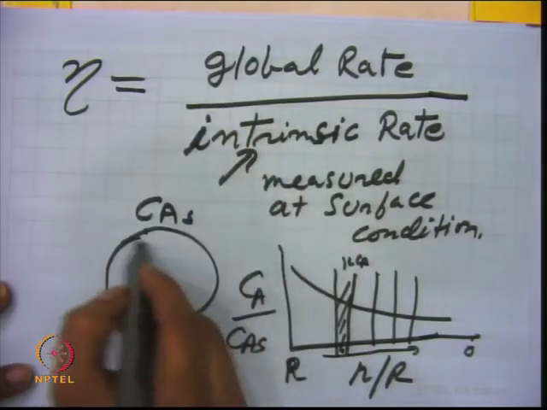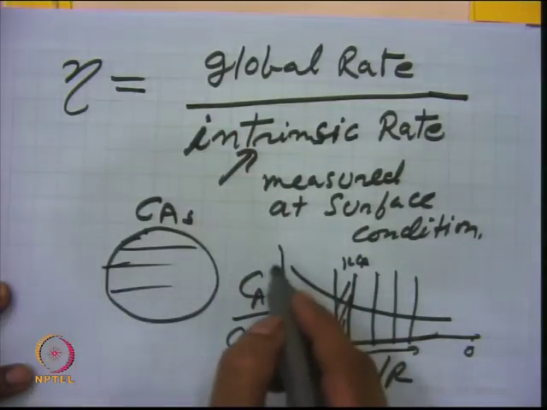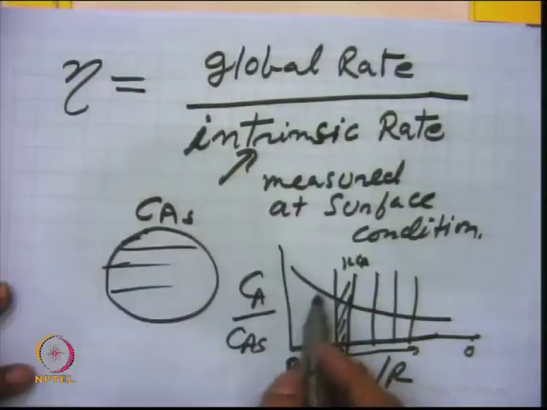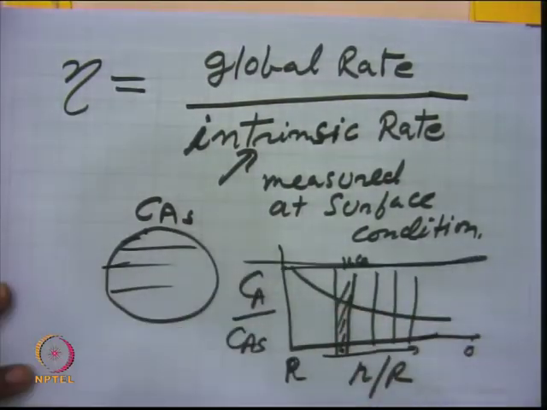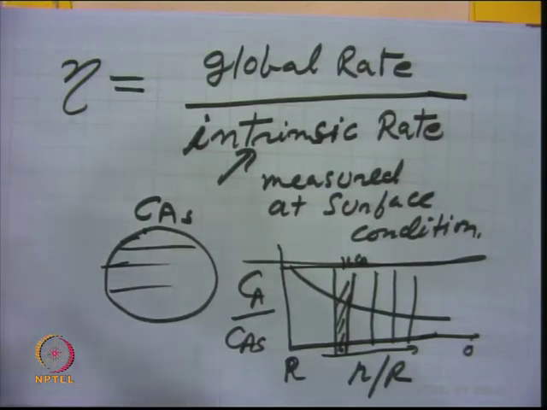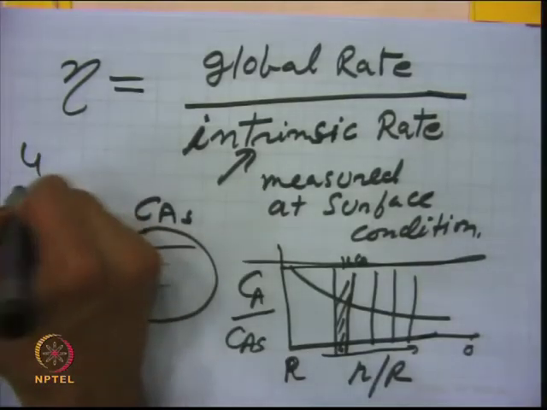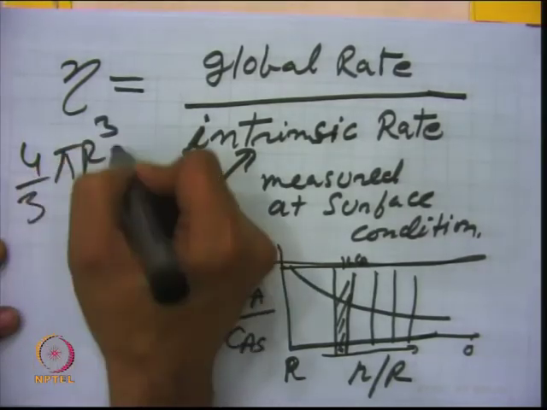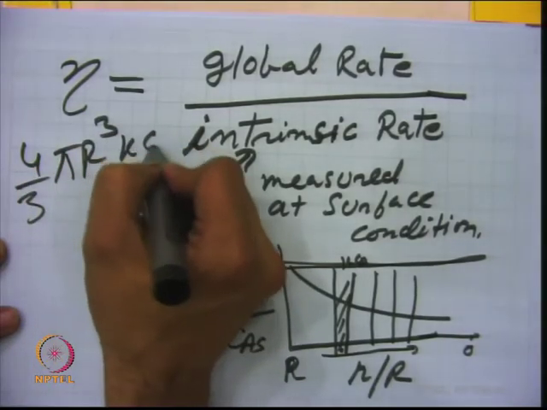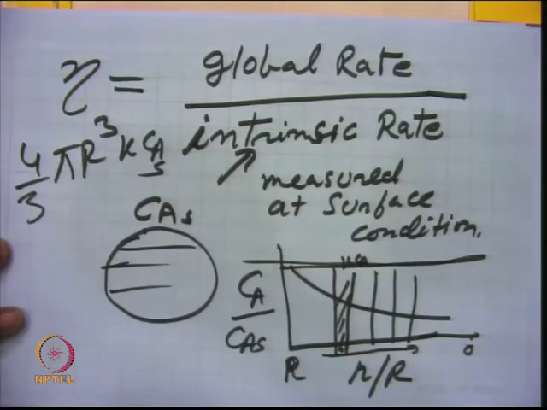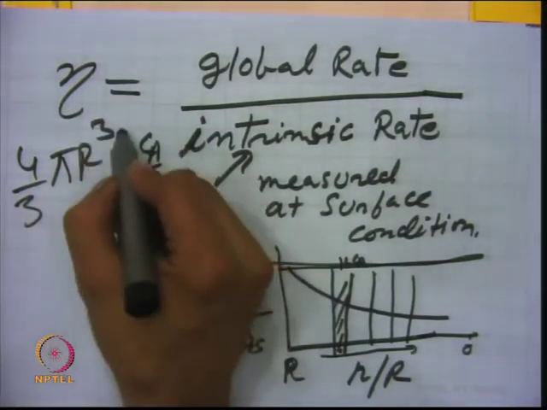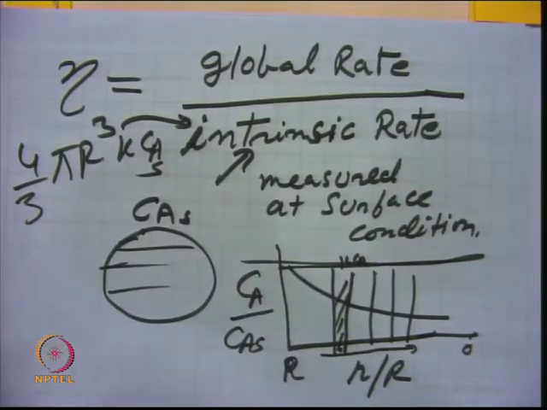In one way you are saying there is no gradient of concentration, so the maximum rate will be based on the concentration Cs throughout, measured at the outer surface of a catalyst pellet. That will be simply 4 by 3 pi r cube times, if I assume it is first order, Kcas. This is your maximum intrinsic rate which I said.